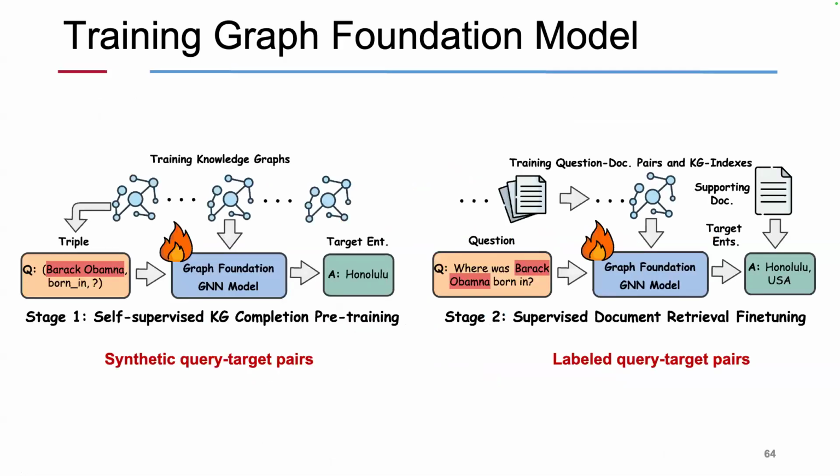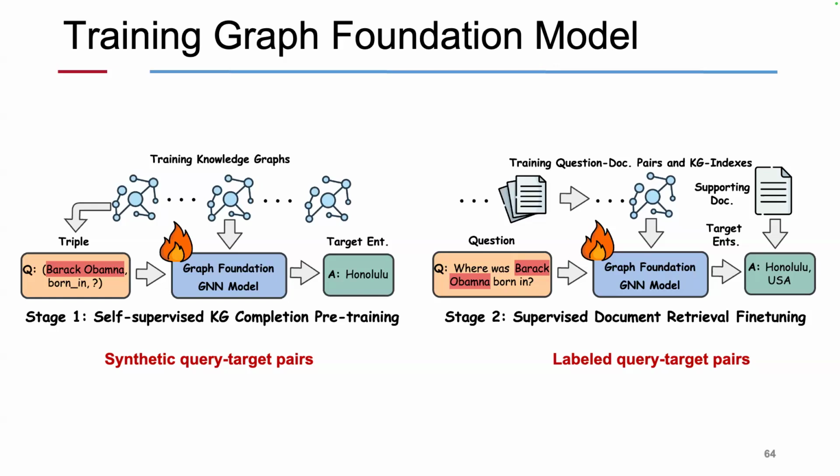In the training, we also conduct two-stage training. In the first stage, we have lots of knowledge graphs, but we don't have lots of query and answer pairs. How can we generate some data from the knowledge graph to do the training? One way is, for each triple in the knowledge graph, like what we have discussed in the first section, we generate some data from the knowledge graph to enhance the model training.